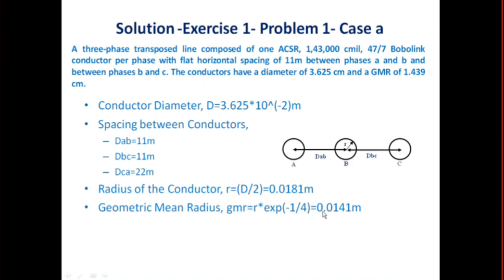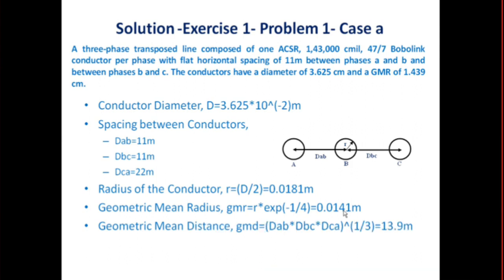The exponential of minus 1 by 4, by using a calculator, you will get 0.0141 meters. Then GMD. GMD is equal to DAB into DBC into DCA, power 1 by 3. DAB is 11 meters, DBC is 11 meters, DCA is 22 meters, so you get 13.9 meters. Now you have found the values for GMD as well as GMR.